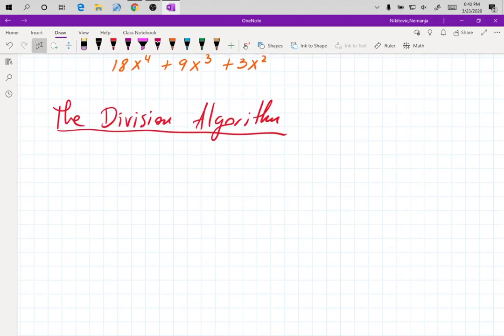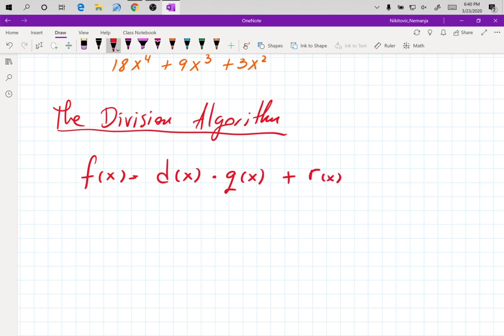The division algorithm says that f of x is equal to d of x times q of x plus r of x. And the way the problem is formed when you have the division, right?